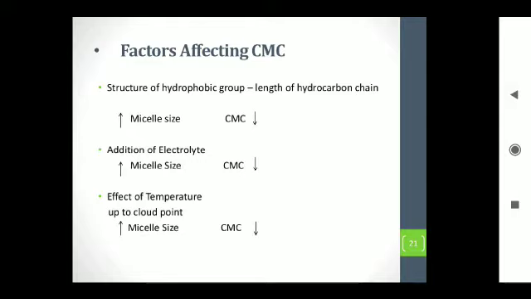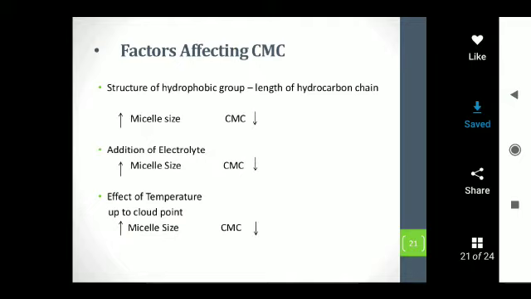Branched chain hydrocarbons. Branching of the hydrocarbon chain increases the CMC. Unsaturation. Increasing the number of double bonds in the surfactant also increases the CMC.